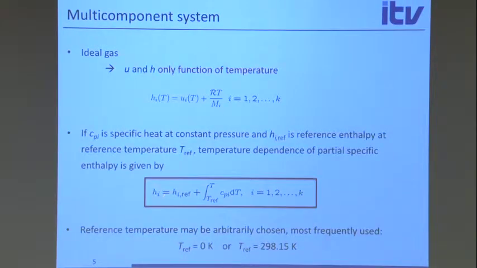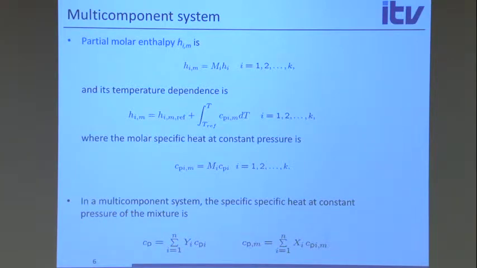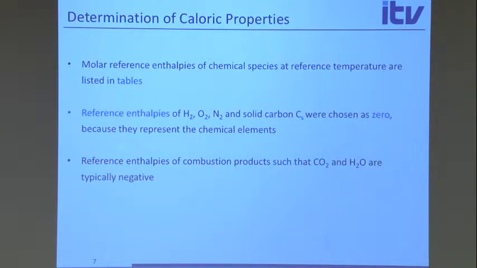So this was specific enthalpy, meaning enthalpy per unit mass. I can do the same thing for enthalpy per mole, and that is nothing new. Then I have to evaluate these quantities, and they're typically tabulated. The reference enthalpies of chemical species are usually tabulated. The reference enthalpies need to be consistent among the different species.